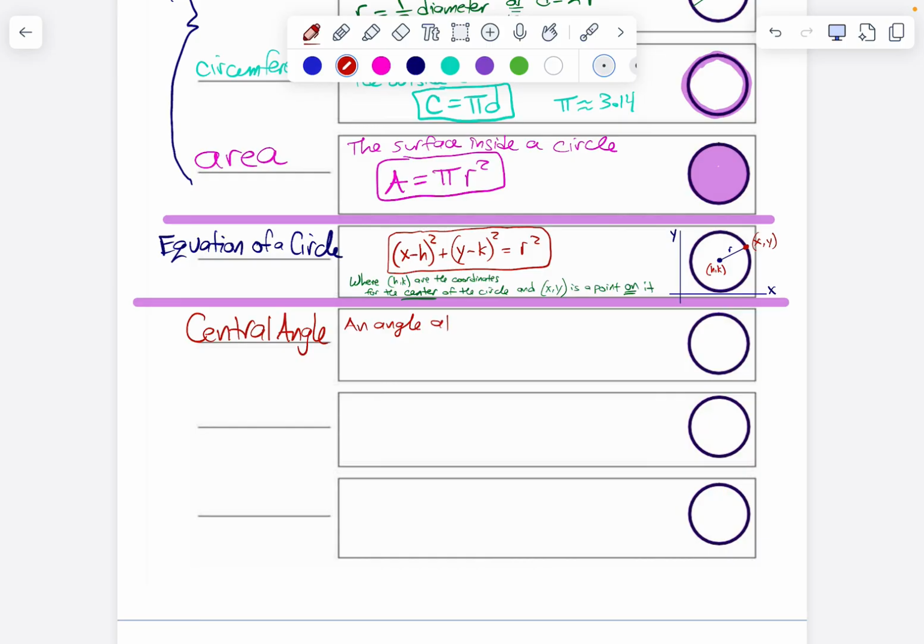Okay, this is an angle at the center of the circle formed by 2 radii and a vertex on the center.